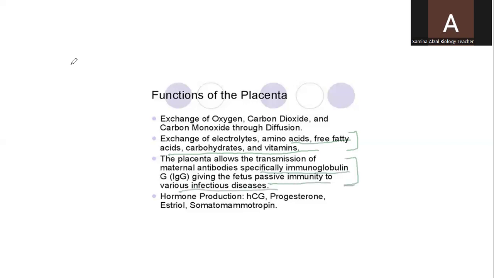Students, the fetus gets passive immunity from the mother, as the mother produces antibodies that help protect the fetus from different diseases. Hormone production also takes place, in which hormones such as progesterone and estriol are produced. So these are the different functions of the placenta.